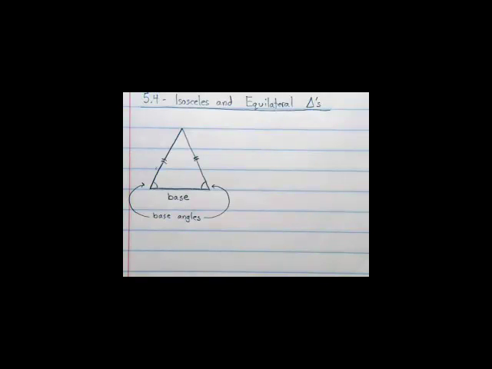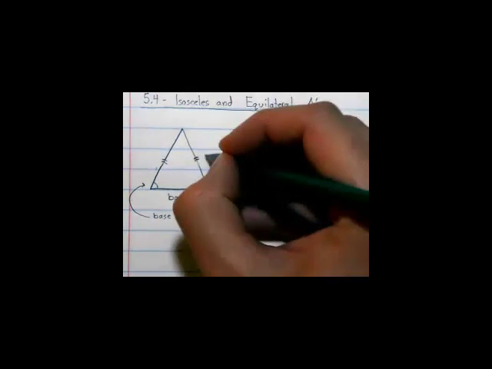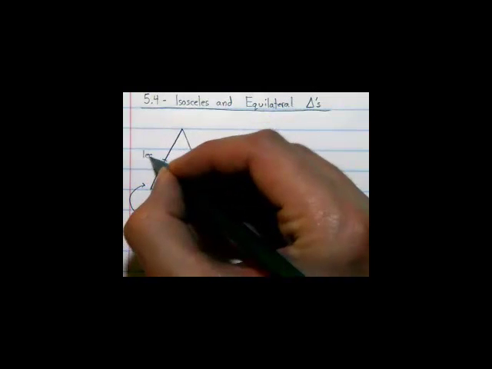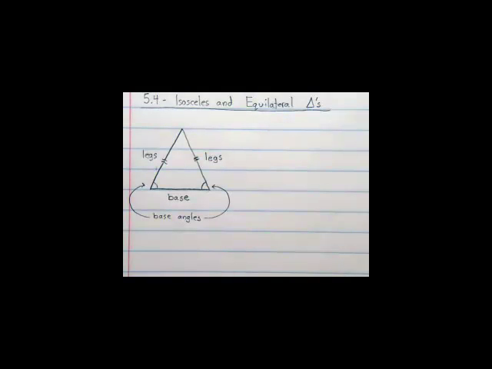Now, the other two congruent sides are called the legs. It has to do with the fact that there are two of them, and it's kind of like what's holding the triangle up.